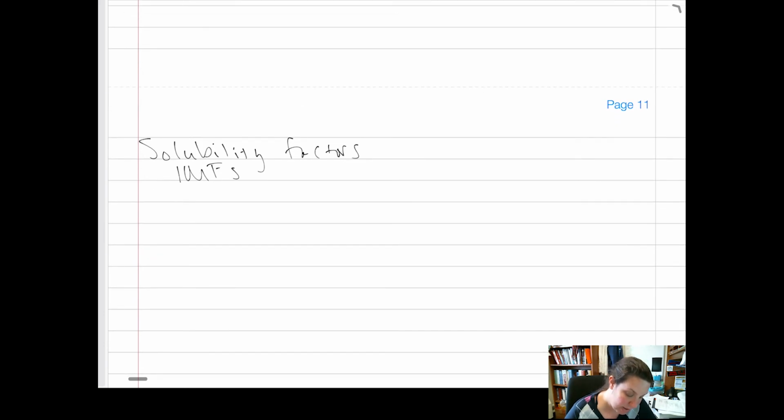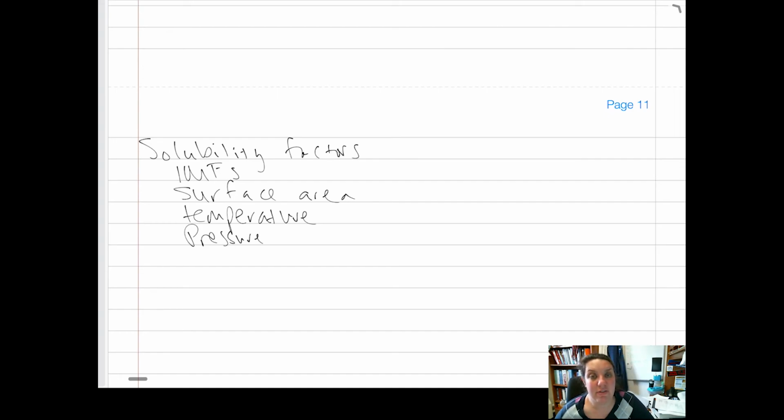But we also have other things that impact solubility: surface area, temperature, and pressure. If we increase temperature, we're going to increase solute or solid solute solubility in a liquid. If we increase pressure, we're going to increase gas solubility in a liquid. And if we increase our surface area, then we're going to increase our rate of solution formation.